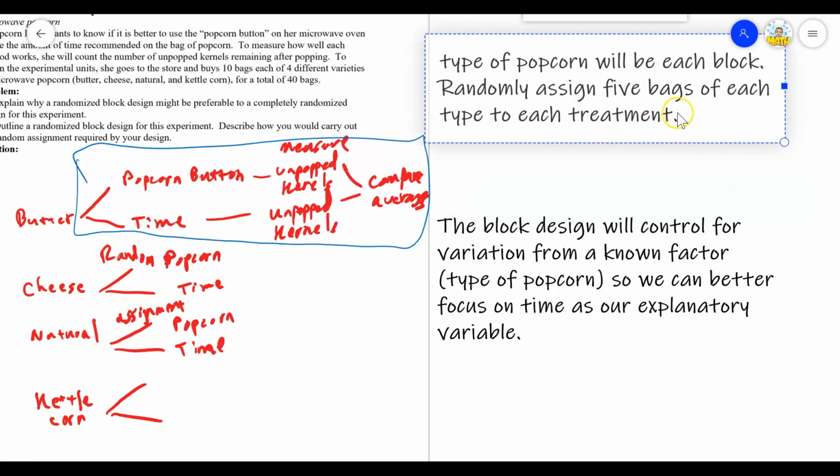You could have 2 bags, you could toss a coin, but you don't want to just toss a coin for each bag. That could be confusing, because what could happen then is you could get 7 heads, and if 7, that means they're all popcorn, but we want 5 of each. So whatever you do there, make sure that there's 5 of each, right? So you could have 10 slips of paper in that situation.